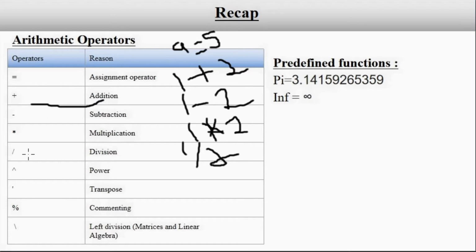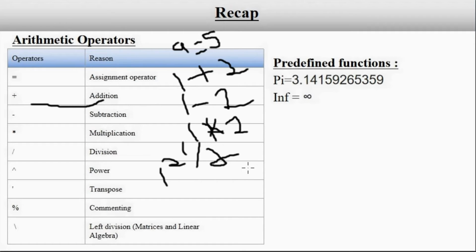Now we are going to see some other arithmetic operations like power, transpose, commenting, and left division. So let's see how to use power, means how to use the caret symbol.